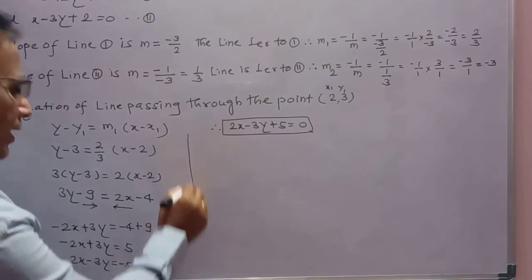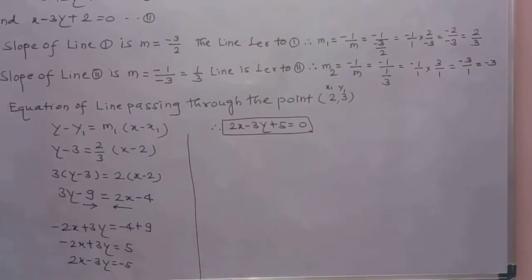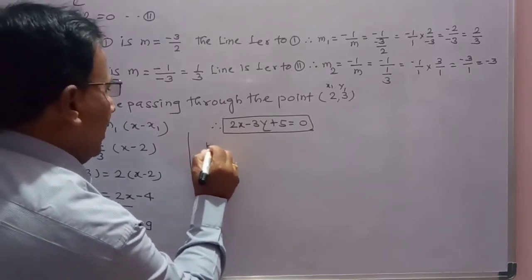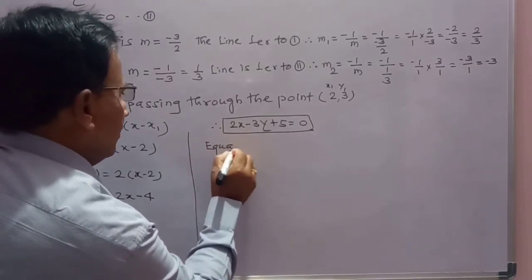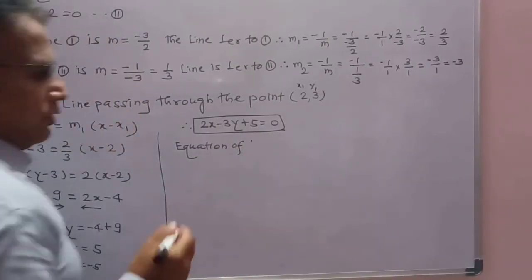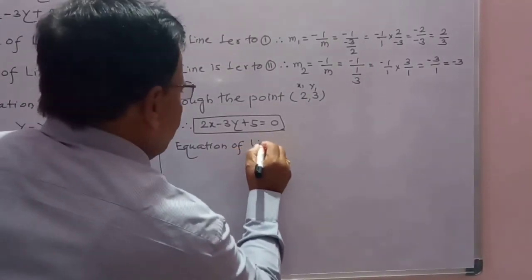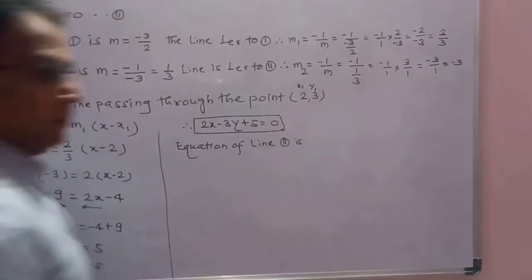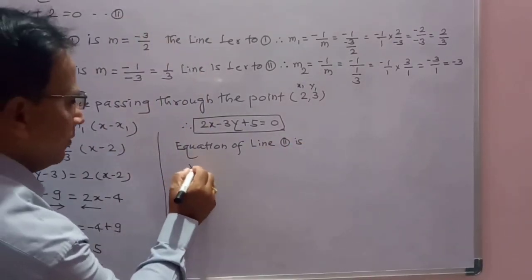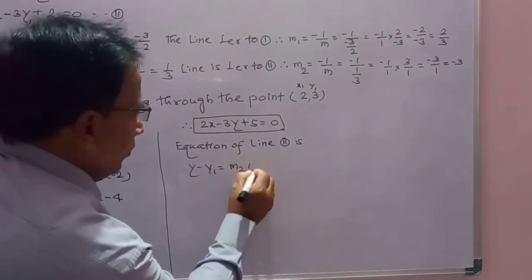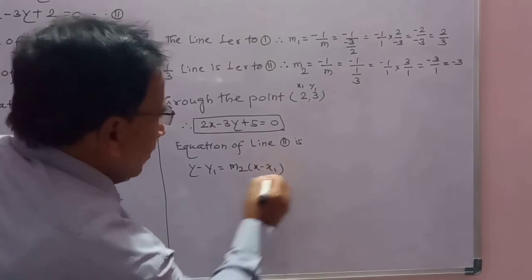Therefore, the second slope is m2. Therefore, the equation of the second line is y minus y1 equal to m2 into x minus x1.